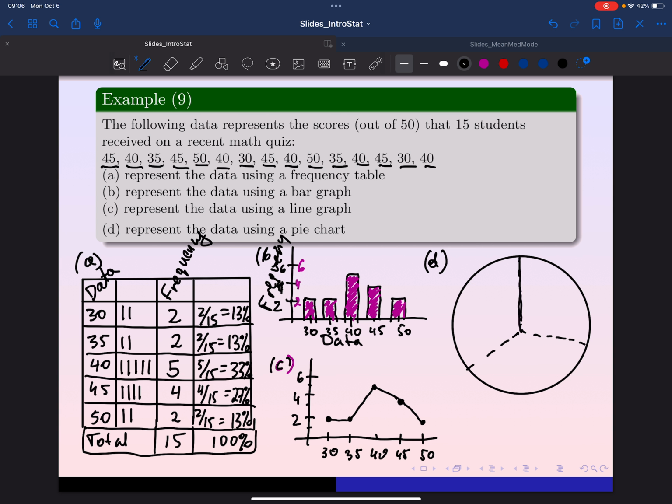So this is going to be my 1/3 pie, and we mark it 33%, and we mark that this is score 40. So this is my 33, and the score is 40 right here. So this is the first one.